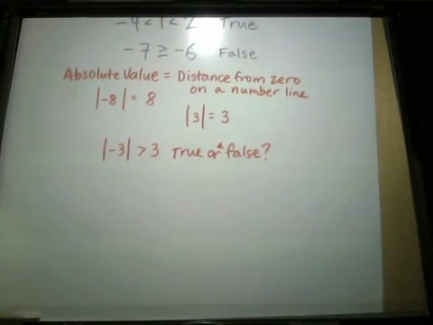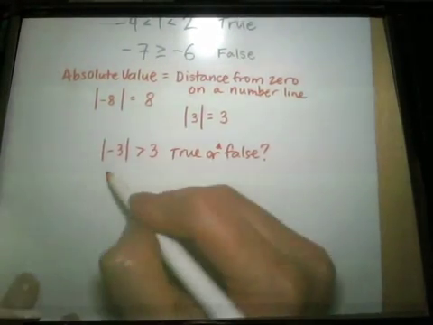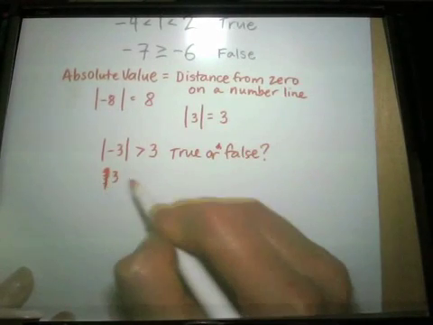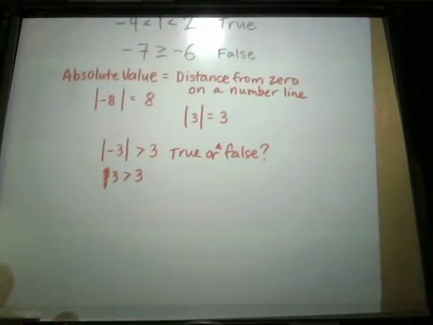True or false? Give me a thumbs up if you think it's true, a thumbs down if it is false. Okay, good. Why is it false? What's wrong with this? Kate? Okay, good, because the absolute value of negative 3, of course, is 3. And 3 is not greater than 3.